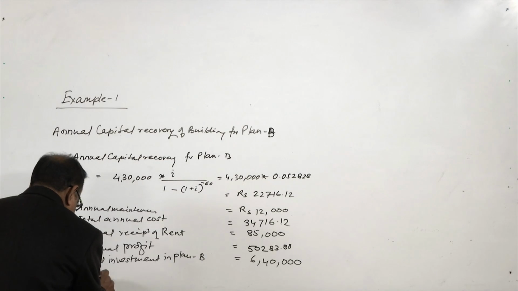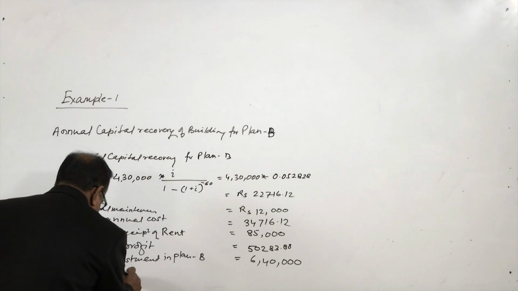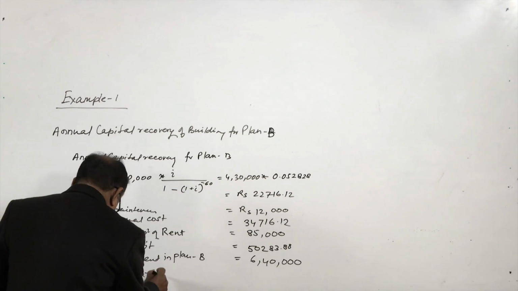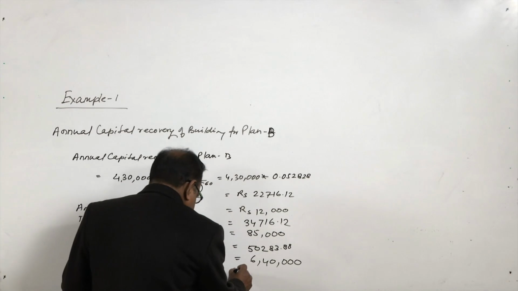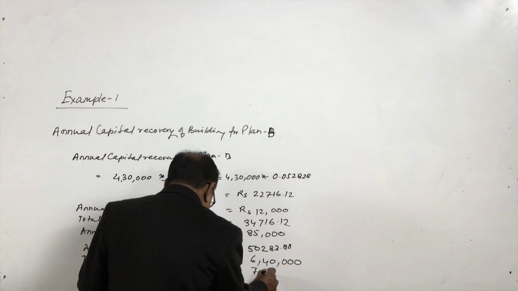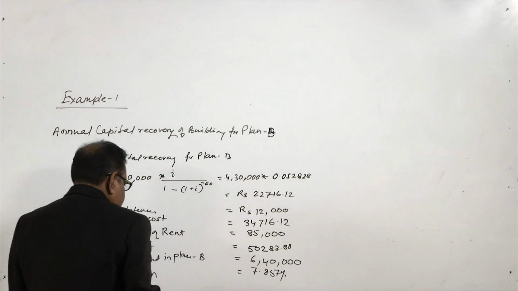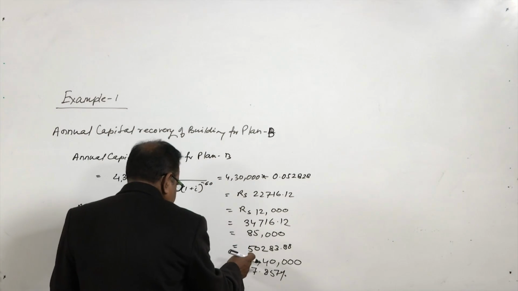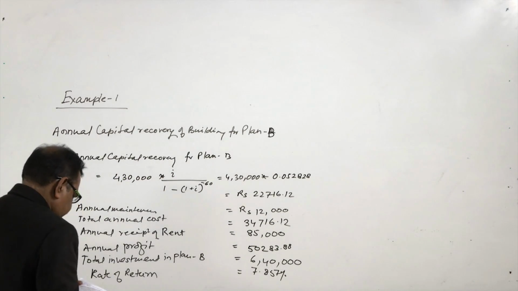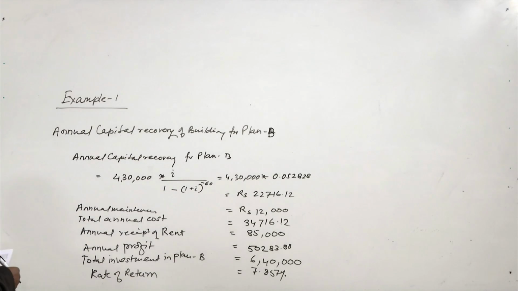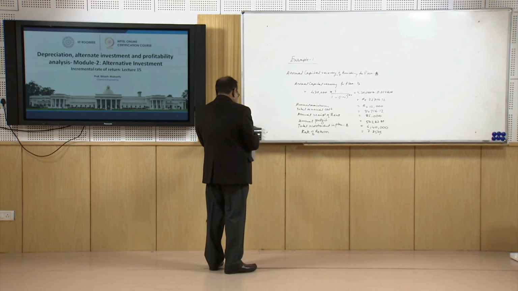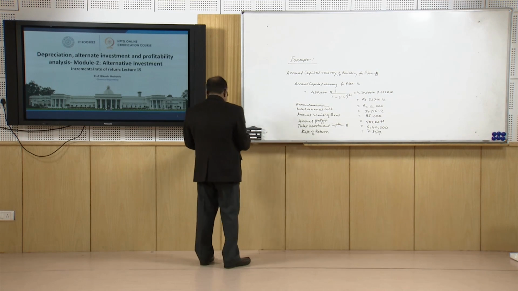So, rate of return comes out to be 7.857%. This is nothing but this divided by this into 100. Similarly, we can calculate for plan C.